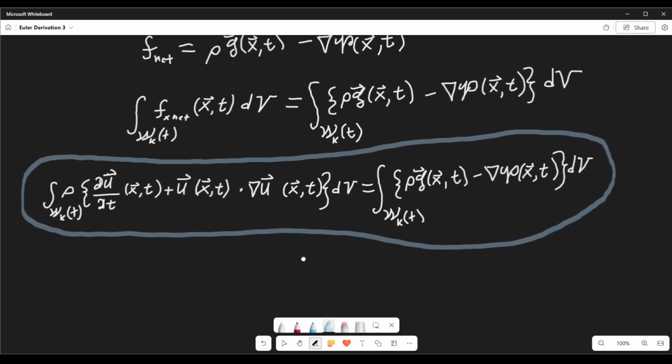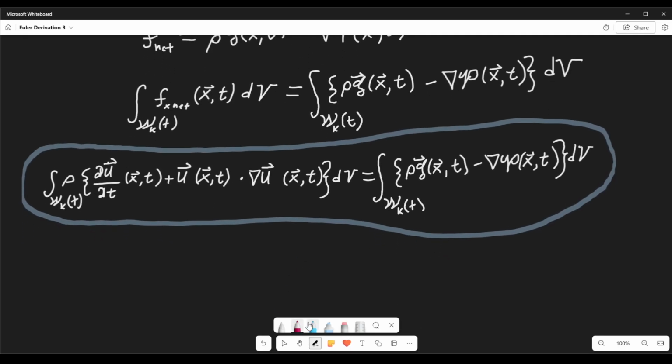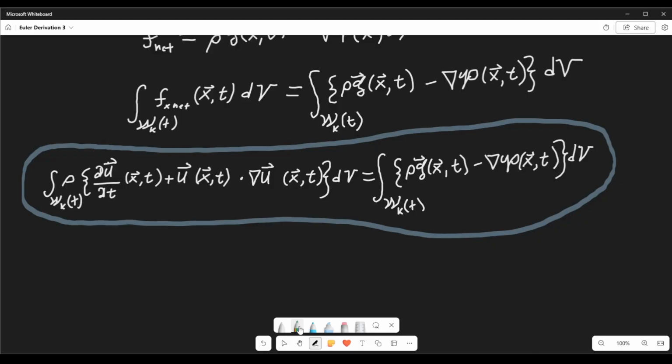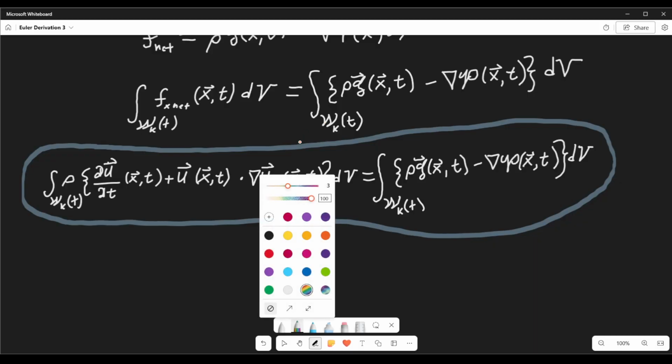So I'm going down and I'll go like this. This guy, a little bigger, just label it.